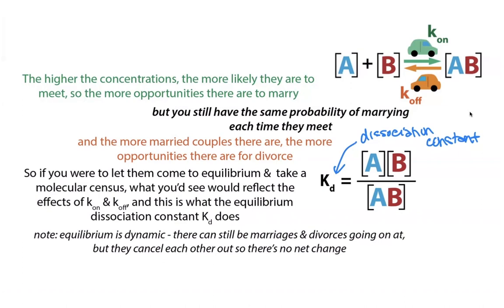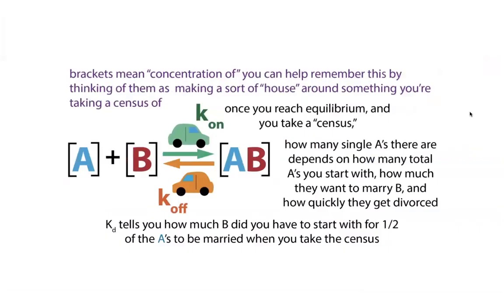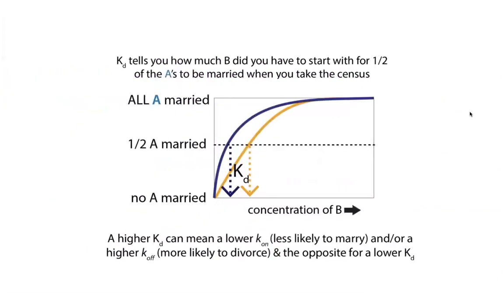And this is going to be the equilibrium constant in the reverse direction of how we have it written above. Again, I'll show you this in a minute. But for now, just know that when we take this molecular census, the KD is going to tell us how much B we had to start with for half of the A's to be married.